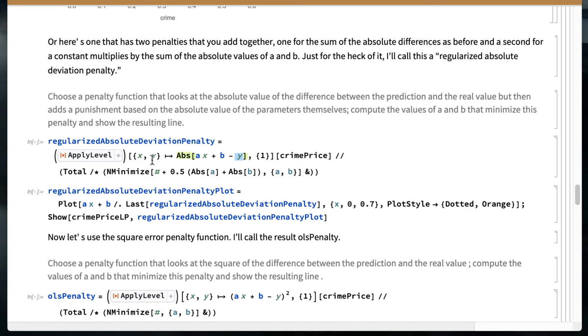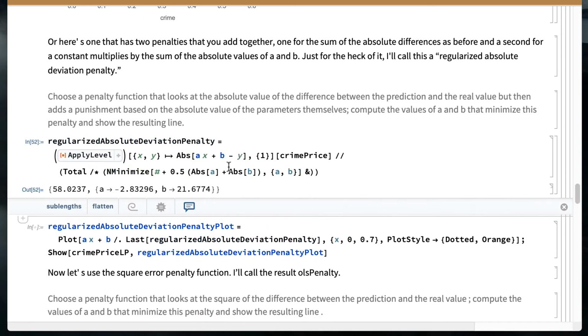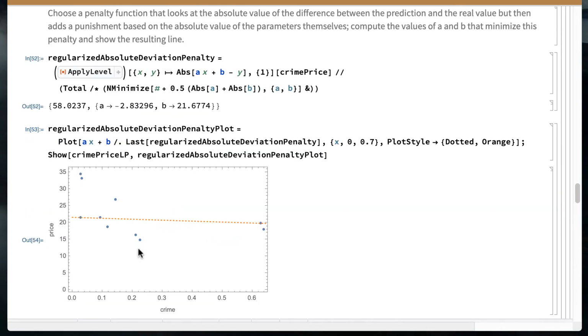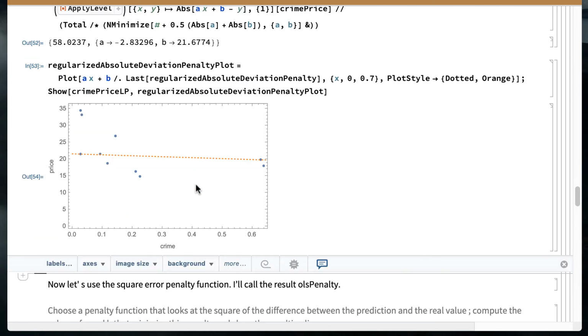So we're sort of balancing making A and B small against making these absolute deviations small as well. So we can do that, and we again get somewhat different results. We can do the same plot. This time I'll make it orange. And we get another fit.